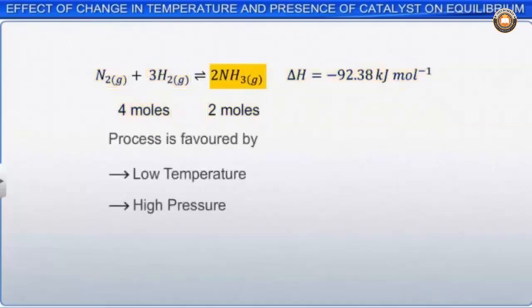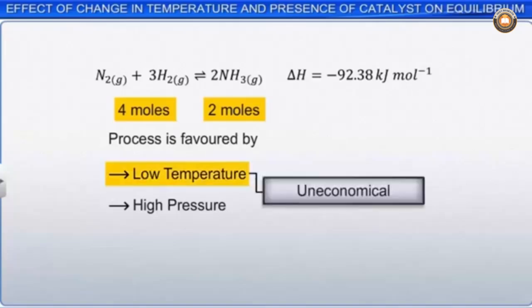According to Le Chatelier's principle, the conditions favorable for the formation of ammonia are low temperature, since the forward reaction is exothermic, and high pressure, as the reaction proceeds with a decrease in the number of moles. However, the conditions cannot be maintained because at low temperature, the reaction is so slow that it makes the process uneconomical.